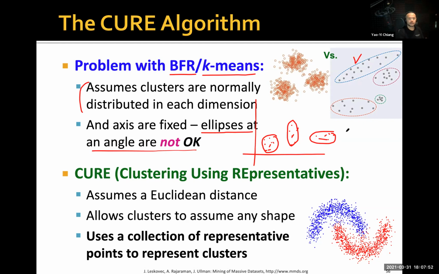And that will be something like this. And when we say normally distributed, we mean that in one dimension, all the data points in that dimension are normally distributed. For example, for that student example, the student GPA is normally distributed, right?